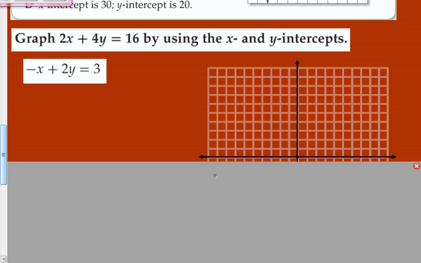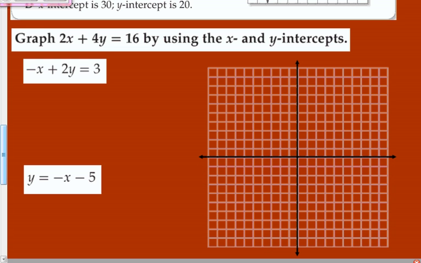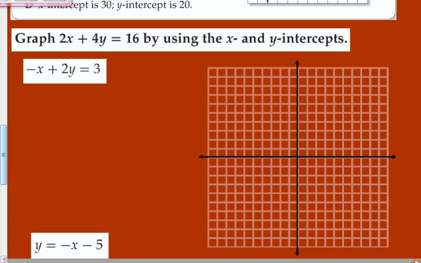We have to graph these two lines using the x and y intercepts. First, we're going to put this one aside, and we're going to work with this top one up here. When you need to know the x and y intercepts, you take turns letting either the y be 0, solve for x, and then you'll do it again, making x equal 0, solve for y. So first thing I'm going to do is make y 0 and solve for x.